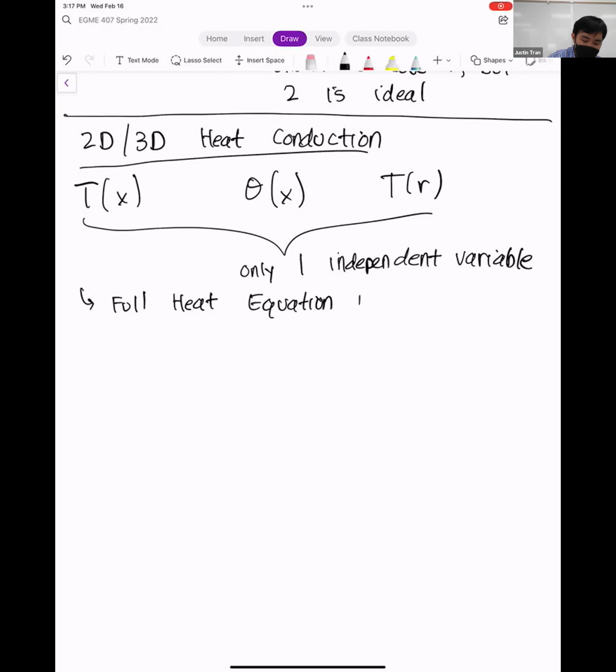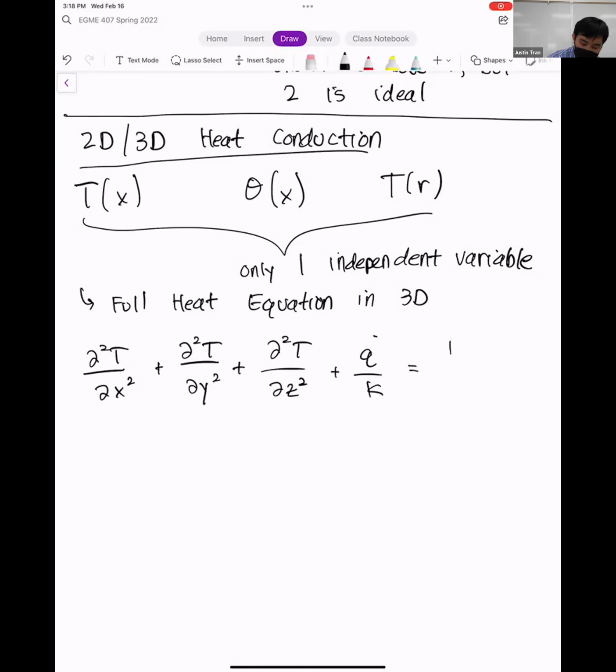Let me show you the 3D version so that you can appreciate the whole thing. In 3D, the heat equation is partial squared T partial x squared, plus partial squared T partial y squared, plus partial squared T partial z squared, plus q dot over k, is equal to 1 over alpha partial T partial little t.